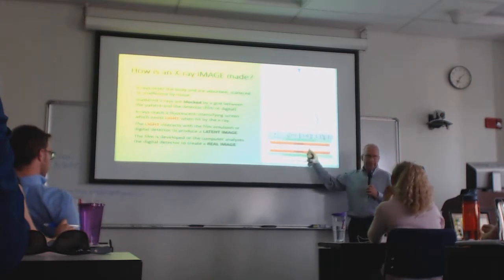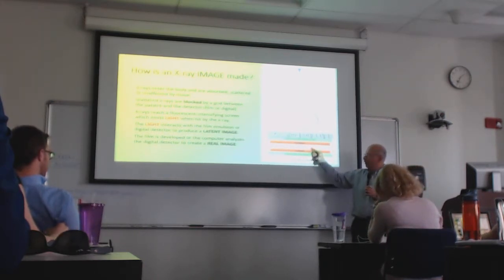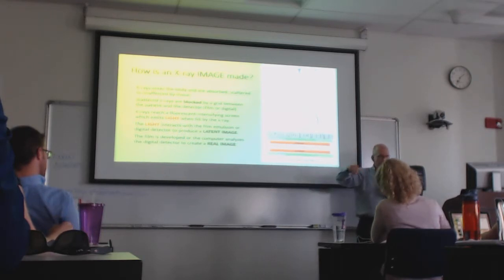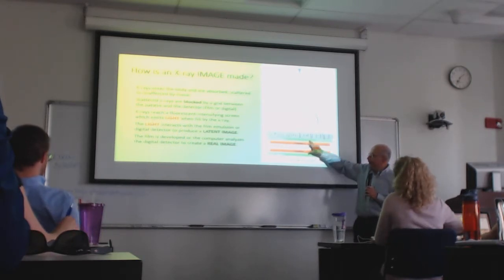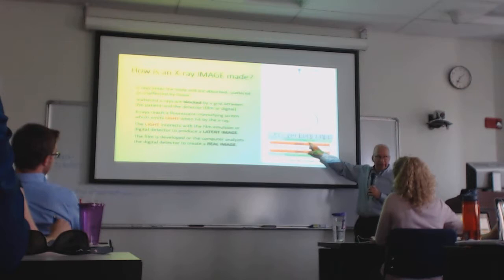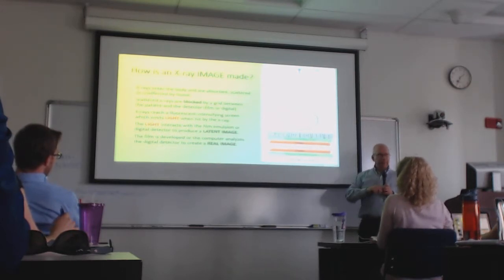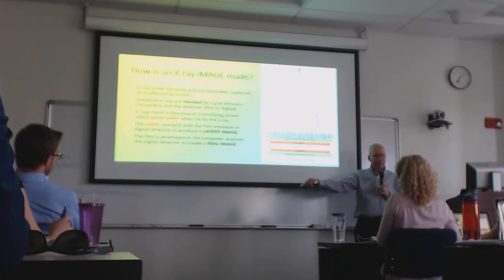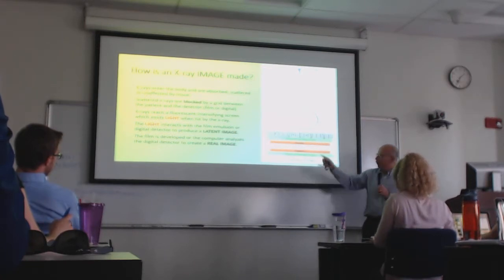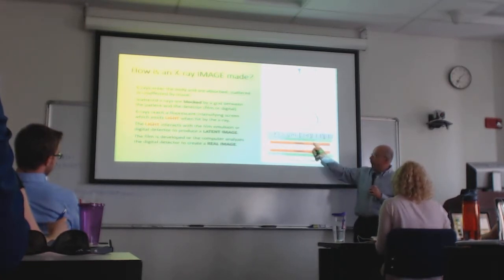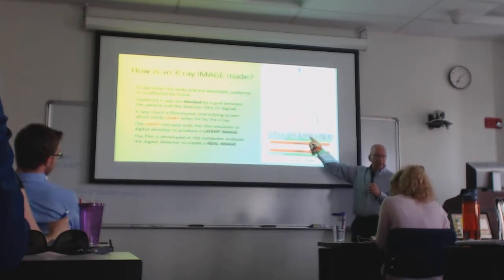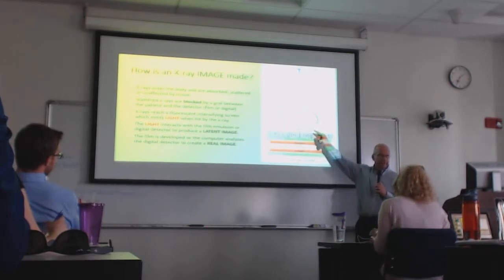Same thing happened with X-ray film: the tech would go into a dark room, open this cassette that had the grid and the intensifying screens on it, take the film out, put it through the processor, and out the other end would drop the film with the image on it, which was created by the light, which was created by the X-ray that went through the grid and went through the patient.